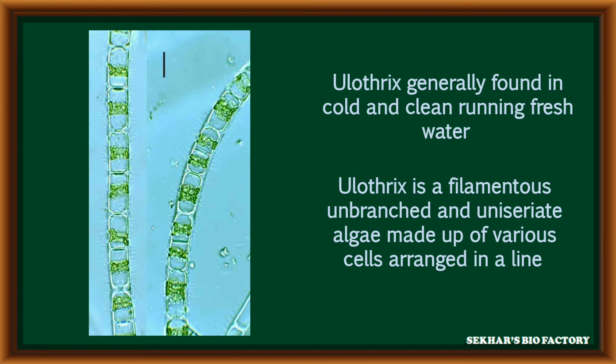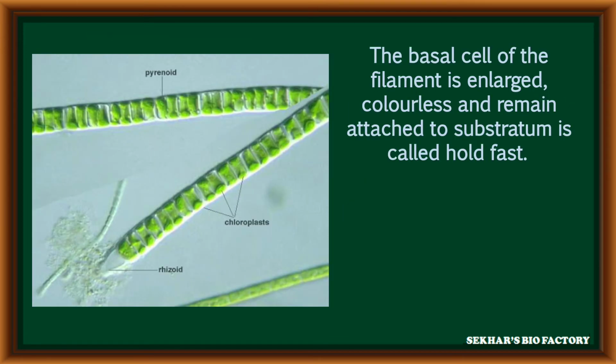Ulothrix is a filamentous, unbranched, uniseriate alga made up of various cells arranged in a single line. The basal cell of the filament is enlarged, colorless, and remains attached to the substrate. Now it acts as a rhizoid called the holdfast.